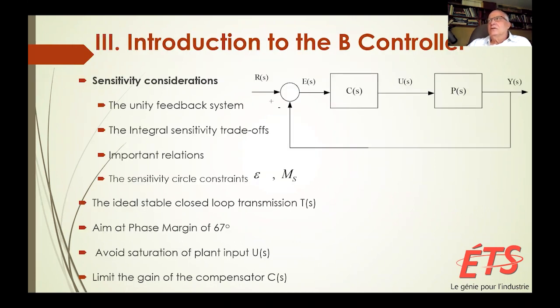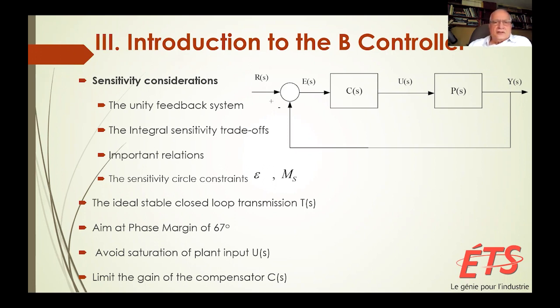Now, the controller is based on sensitivity. The framework is a unity feedback system, although we can tune around it. It's based also on the integral sensitivity trade-off, which I'll present in a second, and the relations that go with it. And on constraints, I'm going to impose from the start some sensitivity bounds at low frequencies and at high frequencies. As for the closed loop, I'd like it to be obviously stable, but also as close as possible to unity.